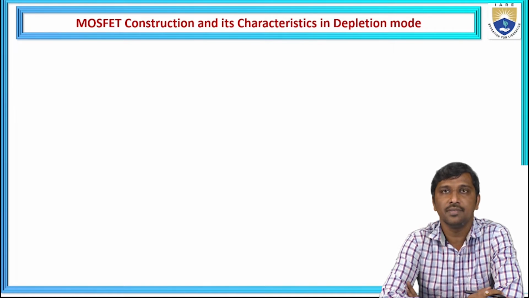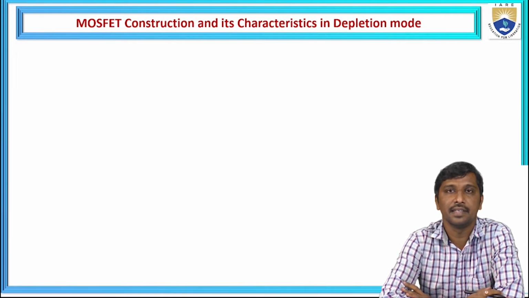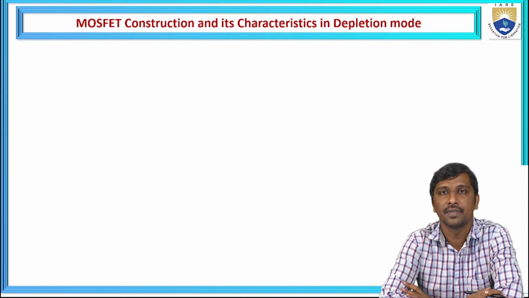So we have two types, one is enhancement, another one is depletion. In both cases, the construction of the MOSFET is the same, but the difference is that in enhancement, while constructing, no channel is created between the source and the drain.